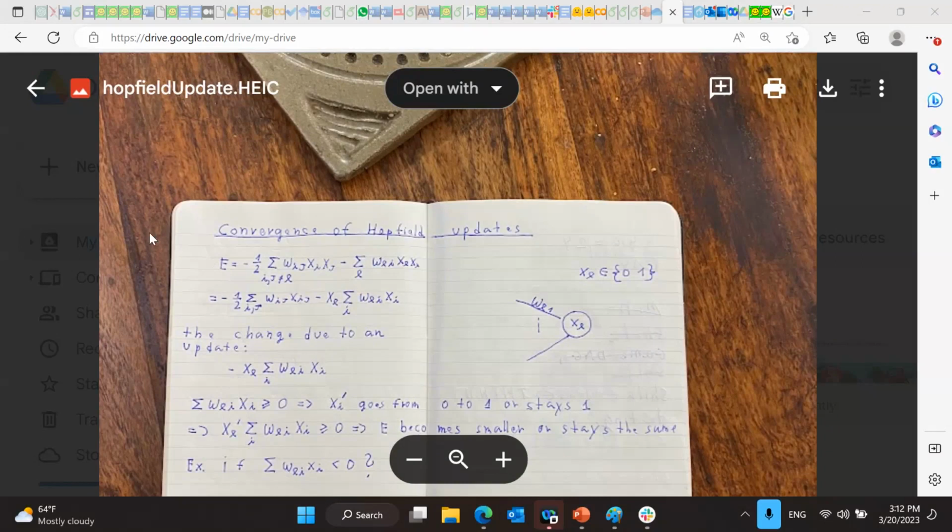So in order to retrieve something from the network, we use a process that converges to a fixed point. What I need to convince us is that the process of retrieval is going to converge to a fixed point.